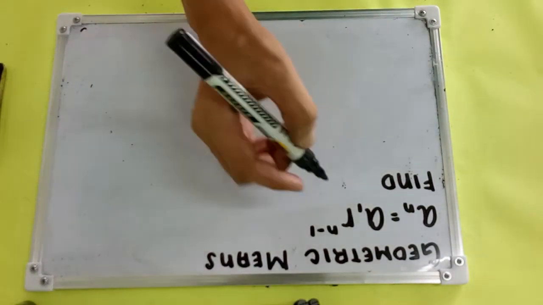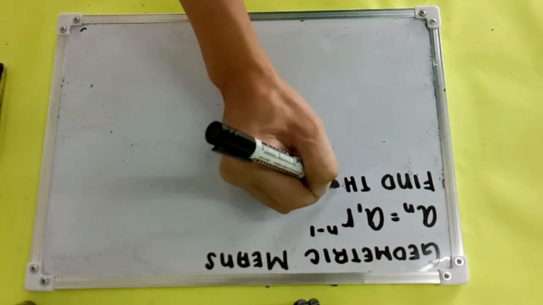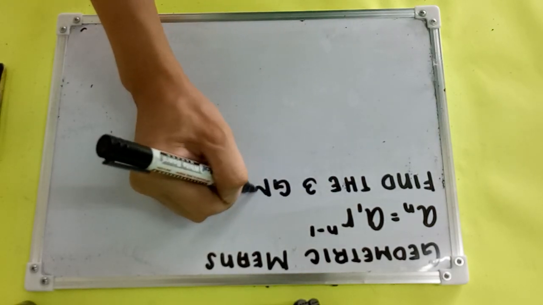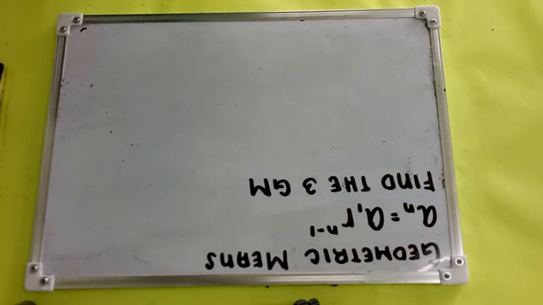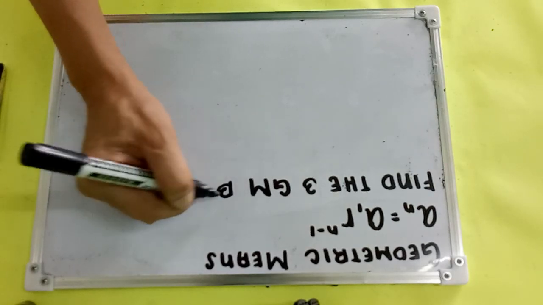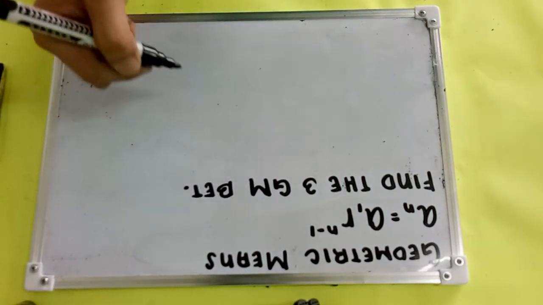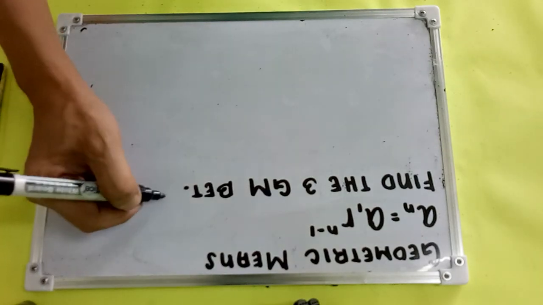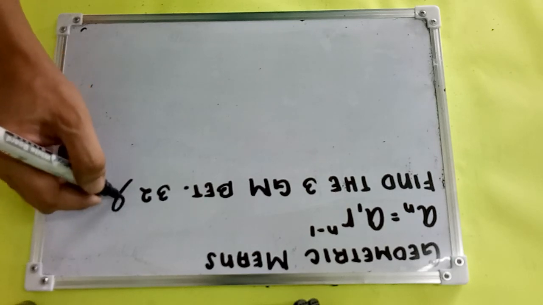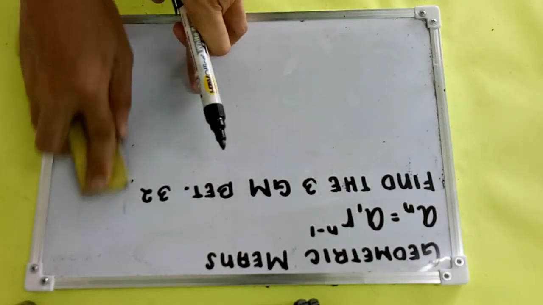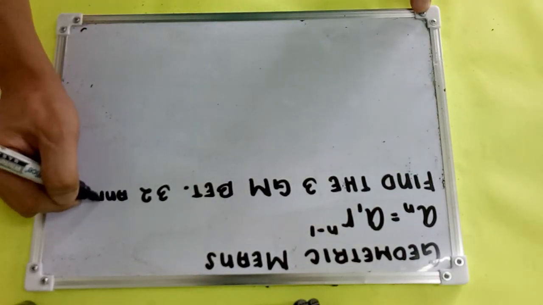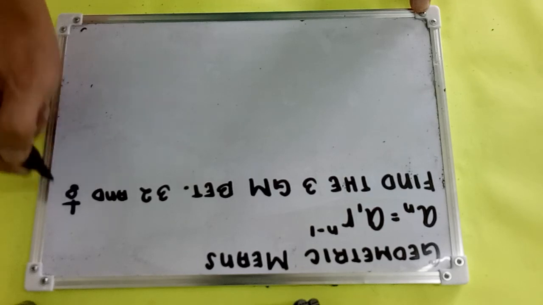So for example, we have to find the three geometric means between 32 and 1 over 8.